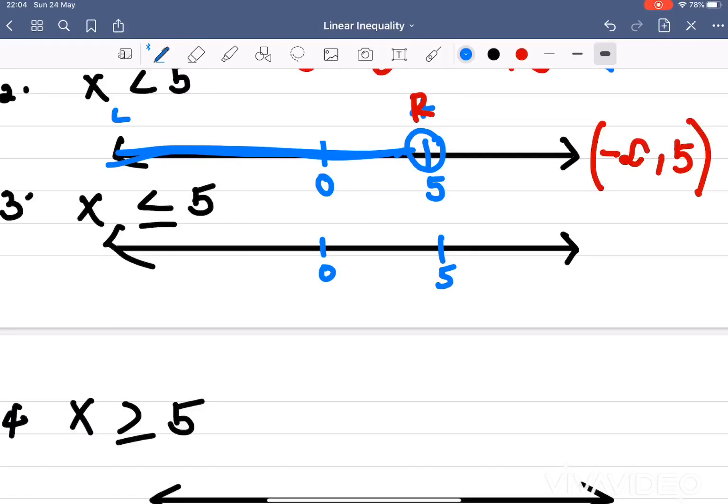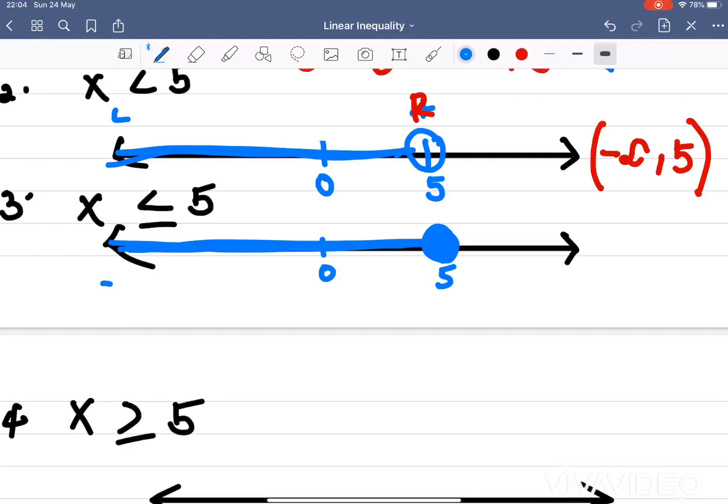If 5 is included in the solution, this time we are going to draw a circle, but it should be shaded. This shaded circle means that 5 is included in the solution, and we go to the left because it says x is less than or equal to 5.